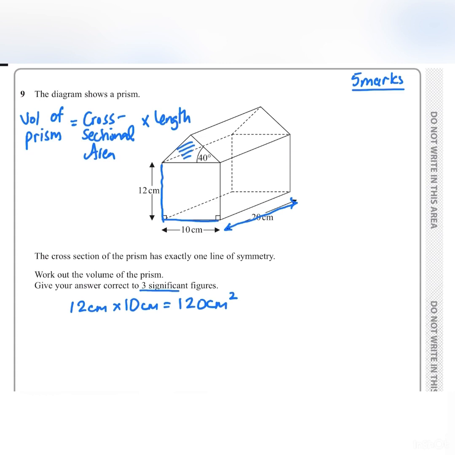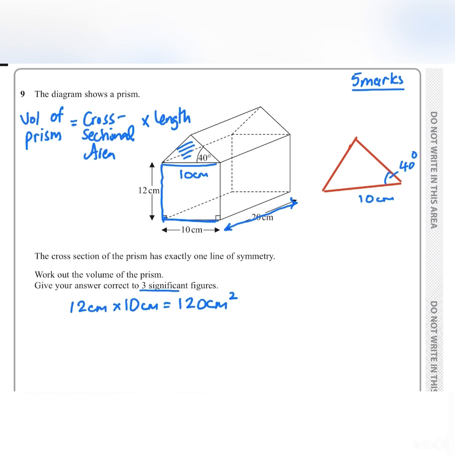Now if I just take this triangle out and have a look at it separately, we know that if this is 10, the base of that triangle is also going to be 10, and we have this as 40 degrees.